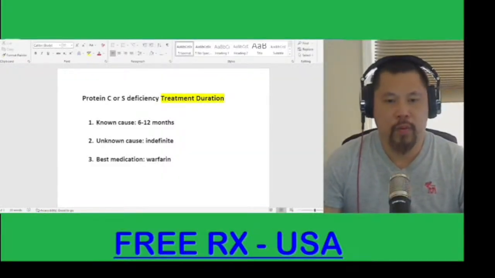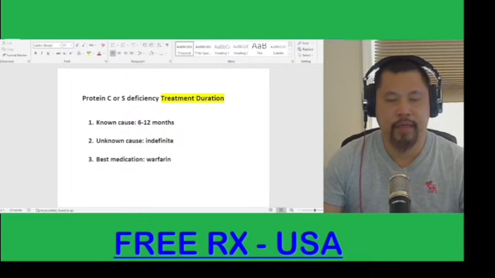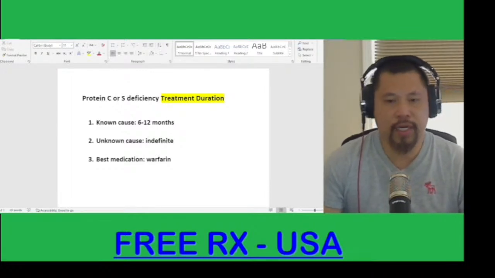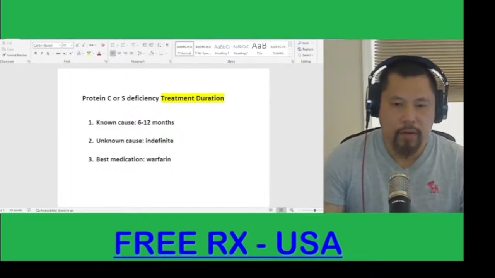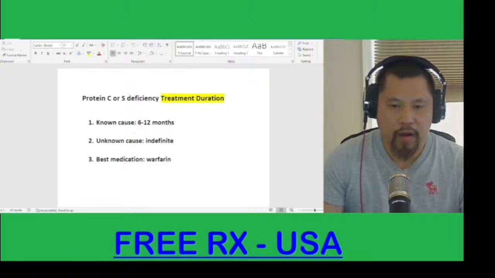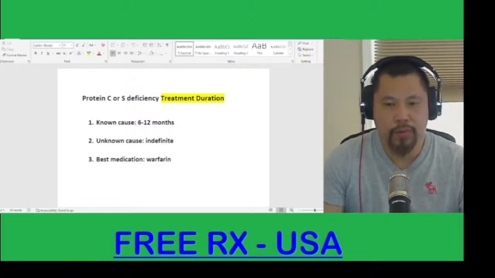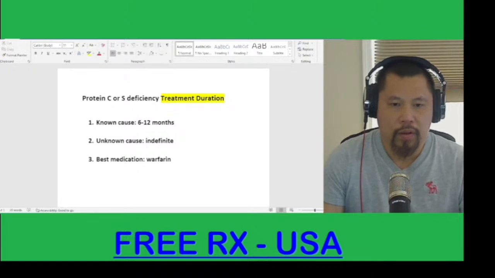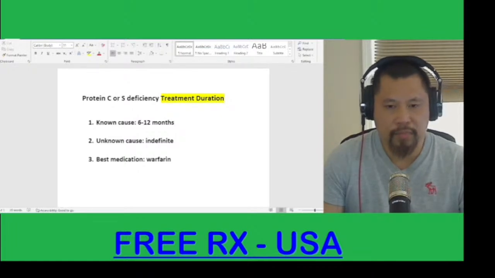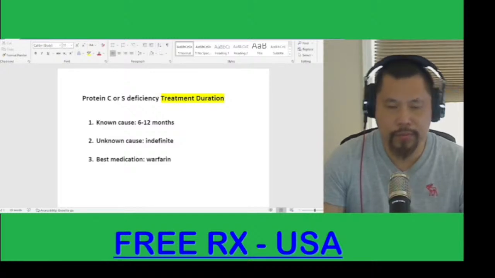Protein C or protein S deficiency treatment duration. This medical condition is one of the hypercoagulable states. When you have this medical condition, it may cause a blood clot disorder or blood clot risk.